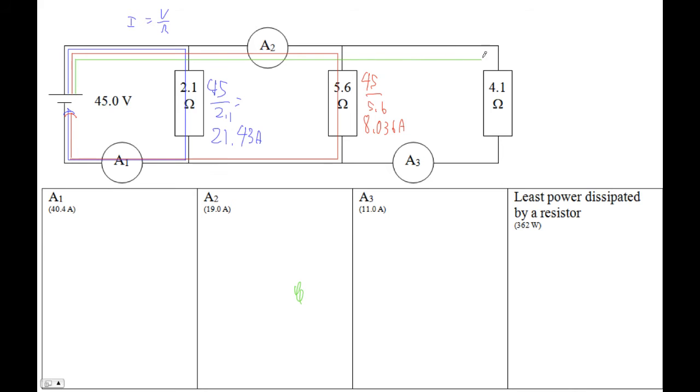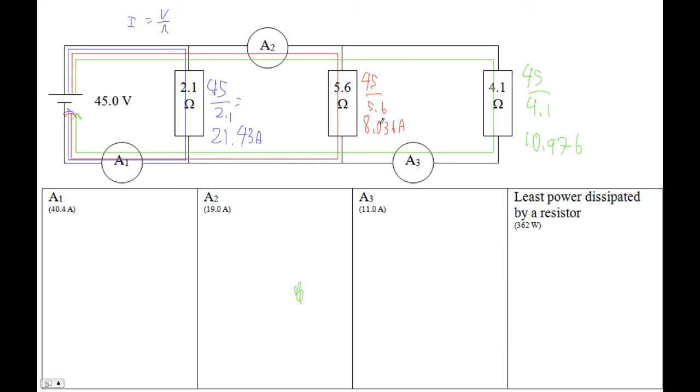Okay, here we go. And that guy is 45 divided by 4.1, right? So 45 divided by 4.1, and that is 10.976.